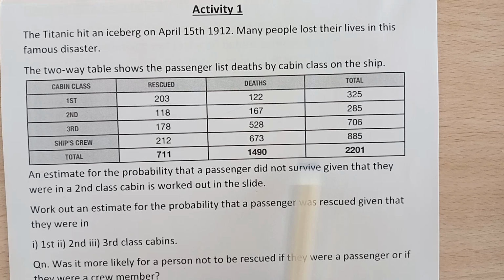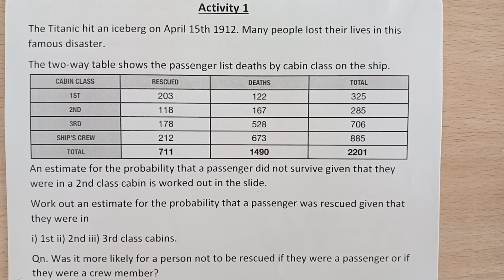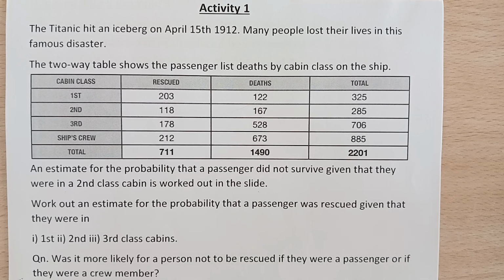All these others are totals. For example, 711 in total were rescued, 1,490 died, and in total it had 2,201 people on board. Let's now go to the question with that brief idea of what's happening here.